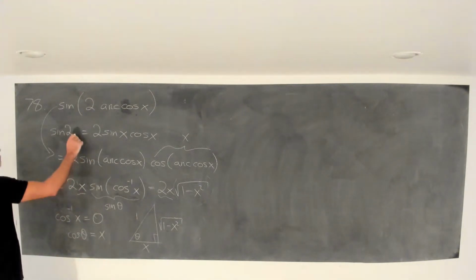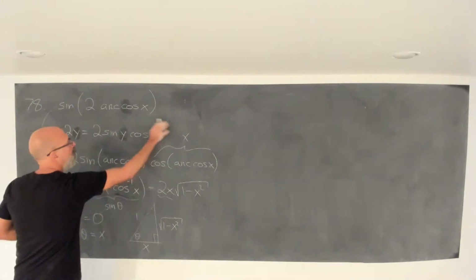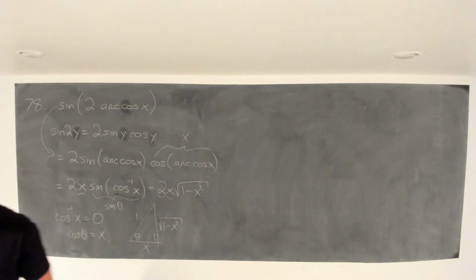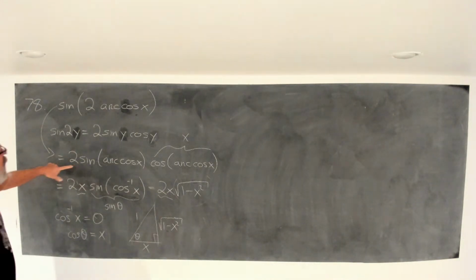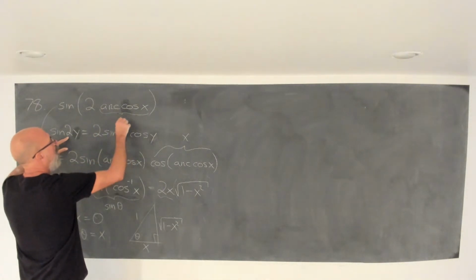Let me change this x to a y. Jacob wasn't understanding how we were using line 2 to get line 3. This is the y.